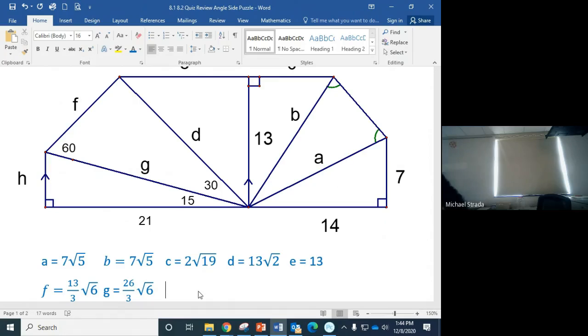Unfortunately, 3 doesn't go into 676. 676 times 2 divided by 3 is 450 and 2 thirds. Subtract the 441, H squared equals 9 and 2 thirds. H equals the square root of 9 and 2 thirds, which is the square root of 29 over 3, which would be the square root of 87 over 3 when you're all done rationalizing.